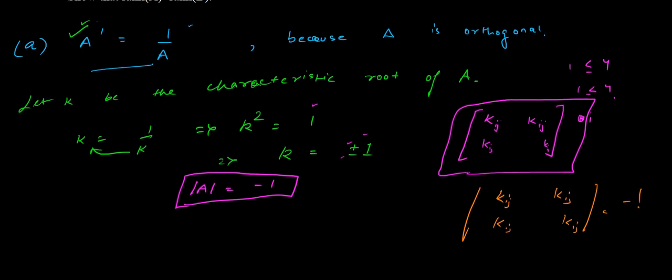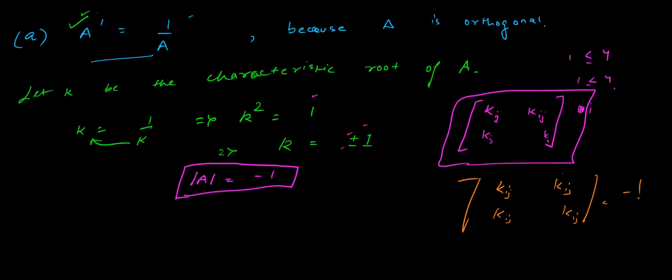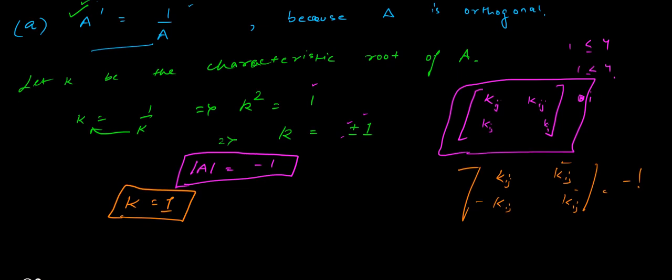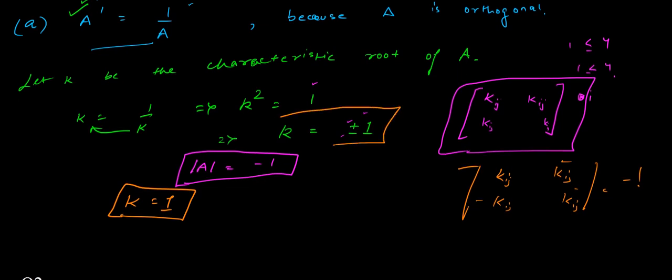This implies that any one of these values, or it may be 2 also, should be equal to 1. So from this we can say that K is equal to 1. Here K can be 1, and it can be minus 1 also, but this states that K has a value equal to 1.